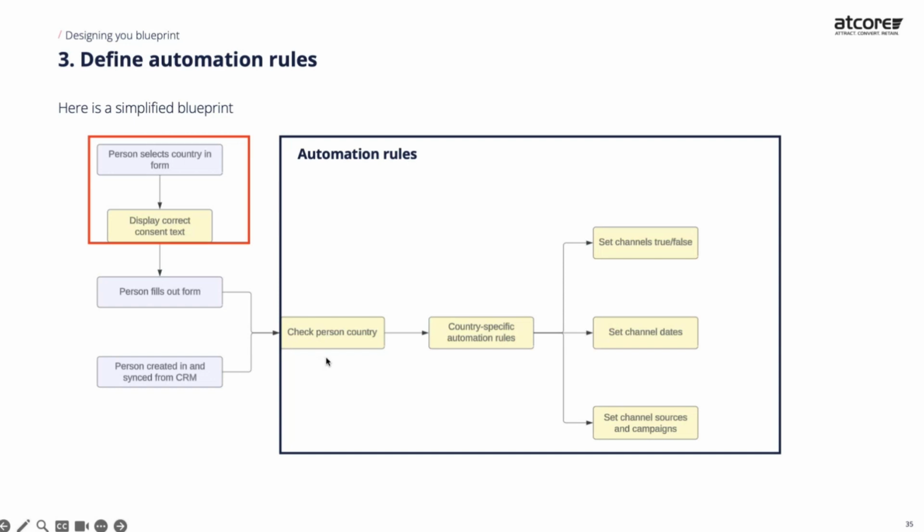You have an overview of the automation rules, what needs to happen when a person fills out a form based on the explicit and implicit channels that you have asked the legal departments in each country about. And from here, you're actually ready to start building it inside your automation platform.